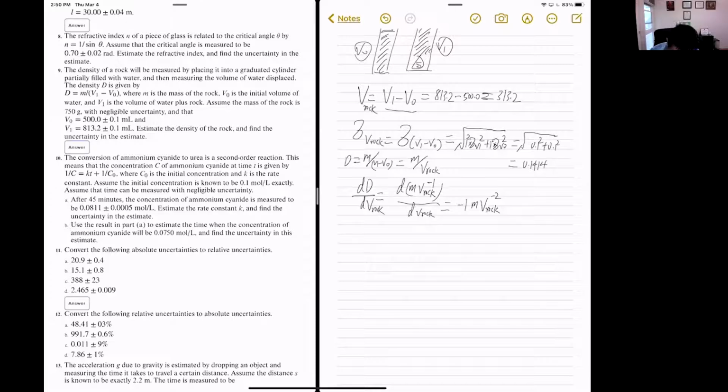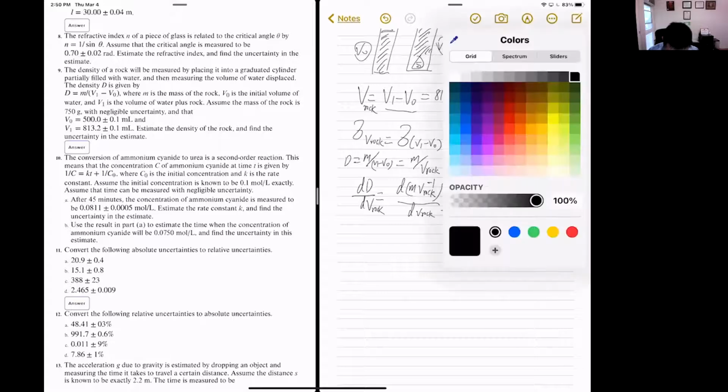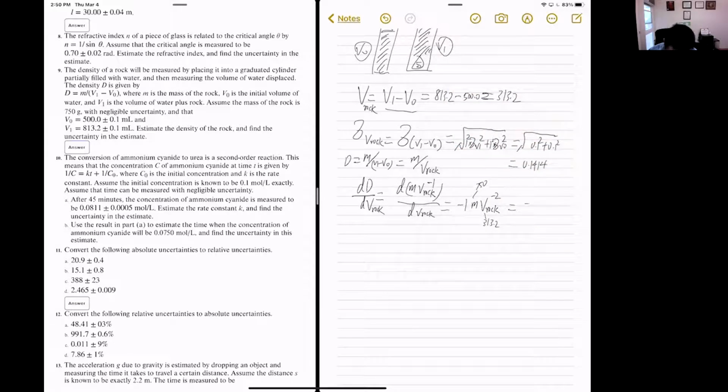And m is 750, and V rock is 313.2. So dD over dV rock becomes minus 0.007646.